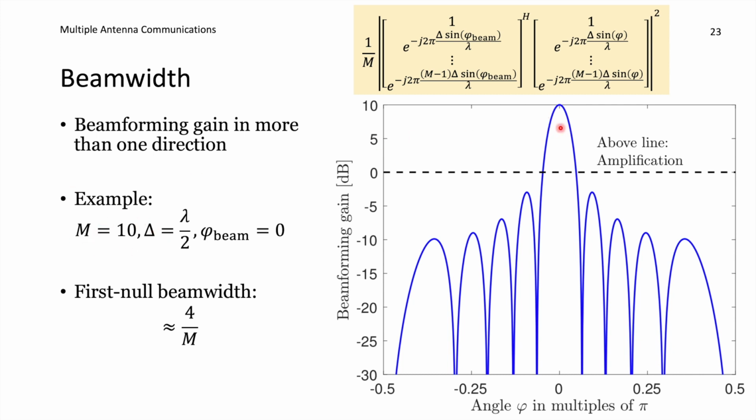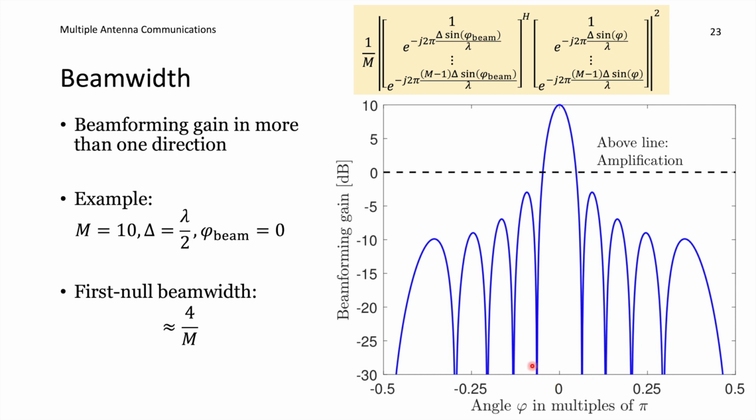Then if the receiver has a similar angle, it will also see a beamforming gain that is above 0 decibels, which means that it's a stronger received signal there as compared to having an isotropic transmit antenna. The shape here is called the main beam, and we see that there is a certain starting point. It goes up to the maximum gain and then it goes down again, and there's a symmetry here.